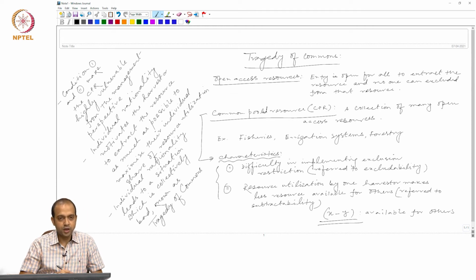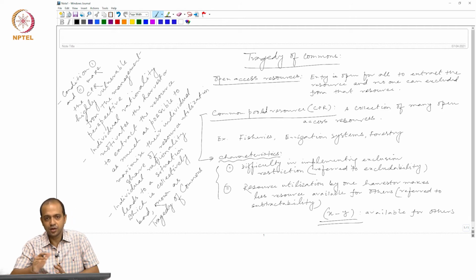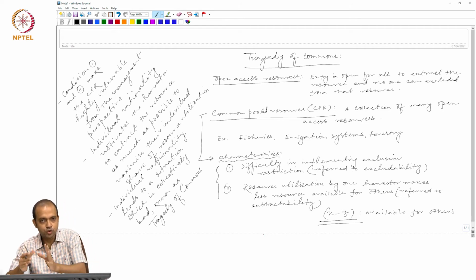Okay. Individual rationality in the context of open access resource or common pool resource leads to a situation which is collectively bad.